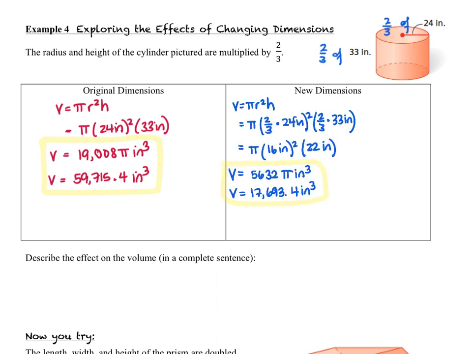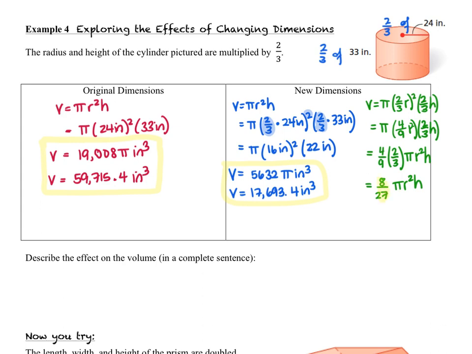But that's not the only way to do this problem, because we recognize that what we're really doing is multiplying in 2/3 twice there and once again there. So what we can do instead is take all our final answers using the original dimensions and multiply by 2/3 cubed to get the volume of the cylinder with the new dimensions.